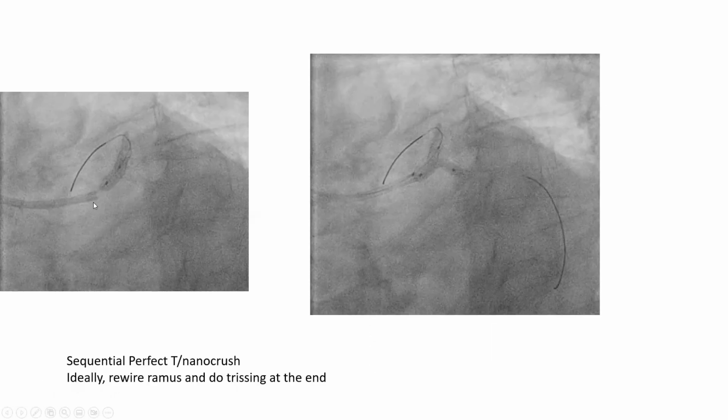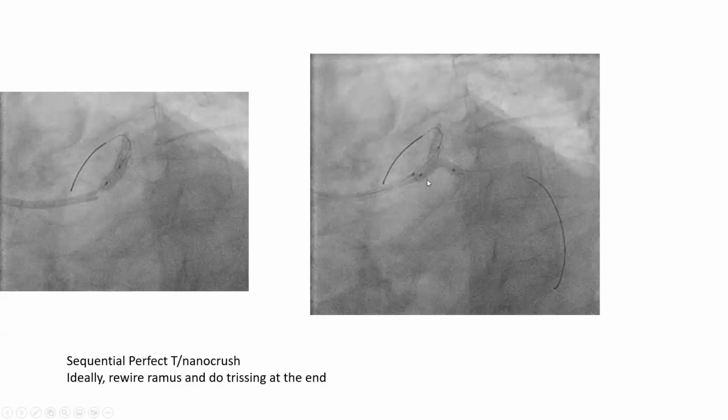And here you can see after stenting the left main to LAD, they rewire into the left circumflex as you would do in the perfect T nano crush, which is again similar to the SK mini crush, except for very little stent crush or protrusion. So they rewired and they did the final kissing balloon.